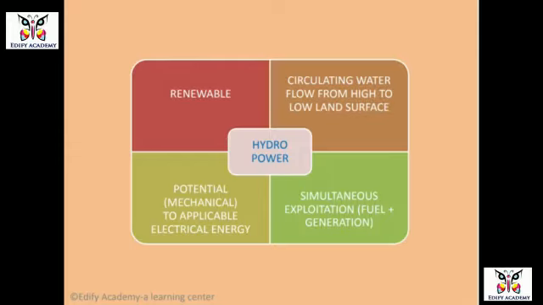Now what happens in a hydropower plant? It changes the potential or mechanical form of energy into applicable electrical energy. Why applicable? Because unless it is applicable, it is of no use. Circulating water falls from a high altitude, having potential energy, and drops to the lower land surface.